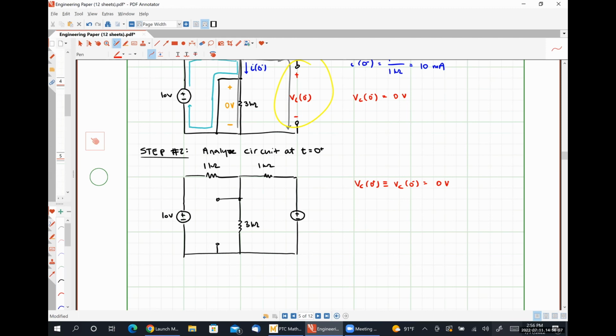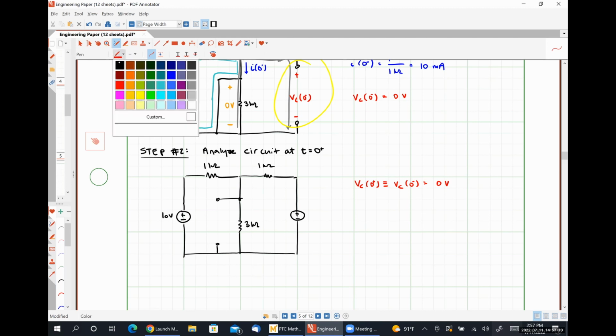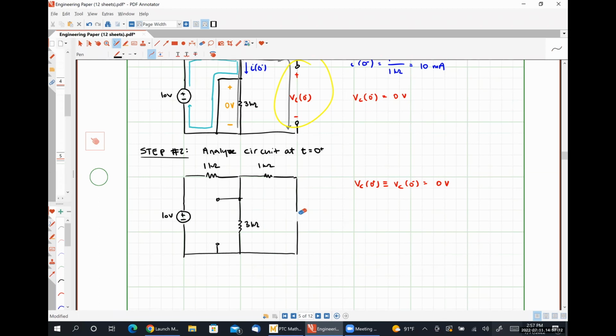Because we want a fixed amount of no voltage drop across it while any amount of current can flow through it. So if VC were anything other than 0 volts, we'd be putting in a voltage source, but because VC is 0 volts, I'm replacing it with this short circuit.